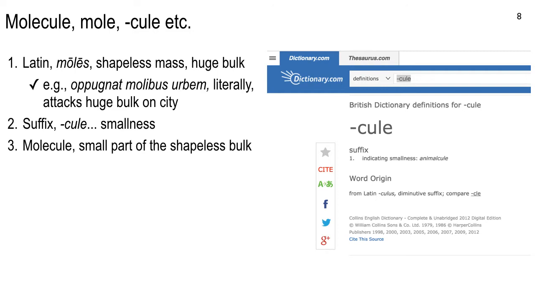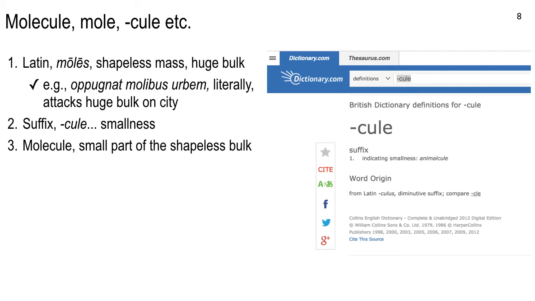Now you may think, Dr. B, what's shapeless bulk? I mean, that's like some kind of superhero movie or something like that. The Incredible Hulk, the shapeless bulk. No, what it means is that you have this huge mass. For instance, the atmosphere. We know that there's an atmosphere. We can see the blue color on a sunny day, but we can't actually see the atoms, the nitrogen and the oxygen atoms in the atmosphere.